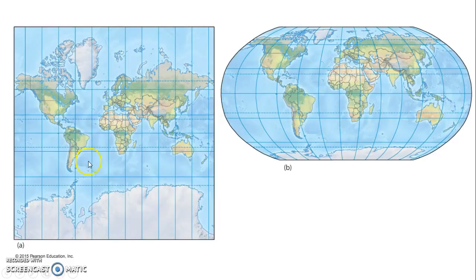So here in this projection, we see that the main type of distortion that we have is that areas get progressively larger as you move towards the edges, to the northern edge or the southern edge of the map. For example, if you look at Greenland, Greenland here looks about the same size or actually larger than South America, when in reality it's only about 1/6 the size of South America.